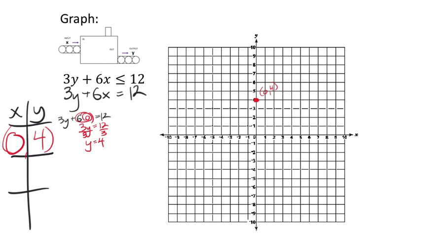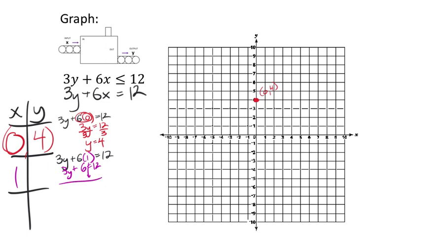Now the next value I can choose, let's say that x is 1. Okay, so for the equation 3y plus 6x equals 12, I'm going to put in 1 for my x, so I replace the x with 1, and then let's see what happens here. So 6 times 1 is going to make 6, so I'd have 3y plus 6 equals 12.